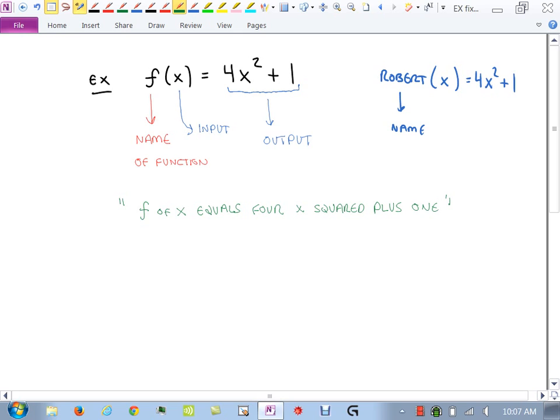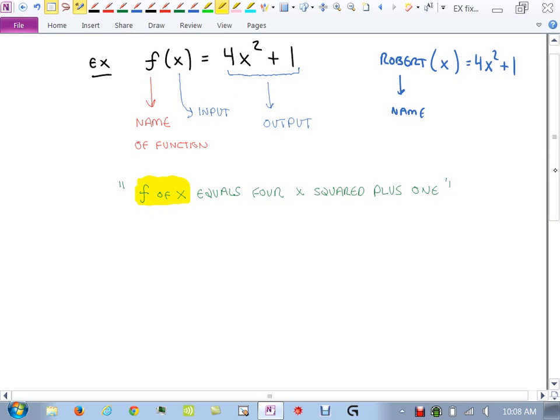That's the way I would say that. The important thing there is, how do you say that first part? F of x. F of x. That's the way we say it. F of x equals the 4x squared plus 1. So now let's see how this machine works. Let's actually plug some numbers in and see what it spits out.